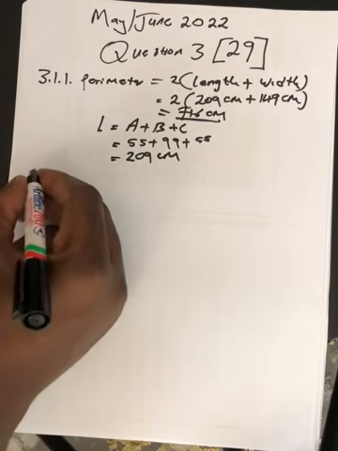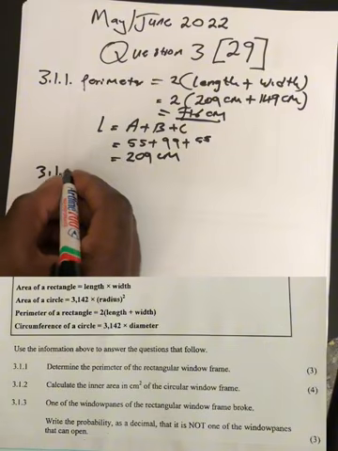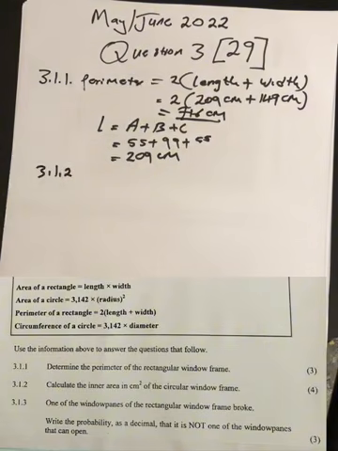Let's move to the next question, which is 3.1.2. It says calculate the inner area in centimeters squared of the circular window frame. So obviously when you calculate the area of a circular frame, we are going to use the equation of area of a circle. If you check that equation, it has radius squared.